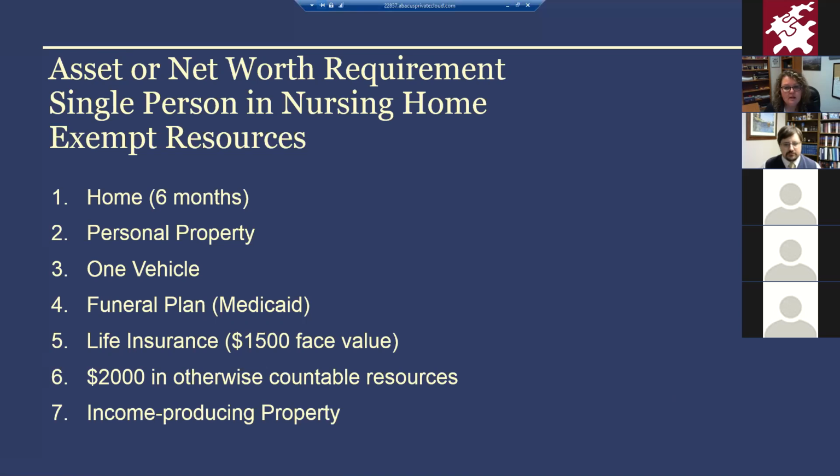Otherwise, your cash assets, other policies and so forth cannot exceed $2,000 to qualify for Medicaid coverage. Income producing property is not countable either, as long as you can show that from year to year it is providing gross income to the Medicaid recipient.